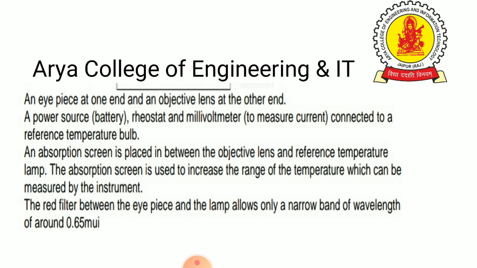principle of the optical pyrometer: there is an eyepiece at one end and an objective lens at the other end. In the figure, a power source, battery, rheostat, and millivoltmeter to measure the current are connected to a reference temperature bulb, and an absorption screen is placed between the objective lens and the reference temperature lamp.